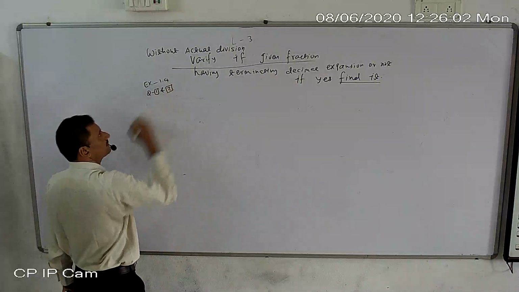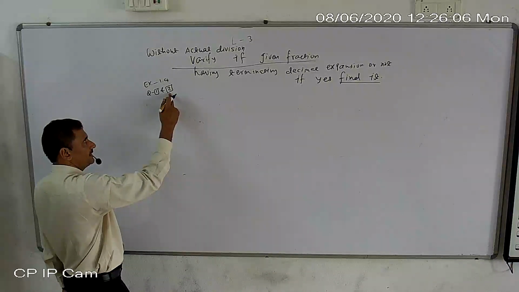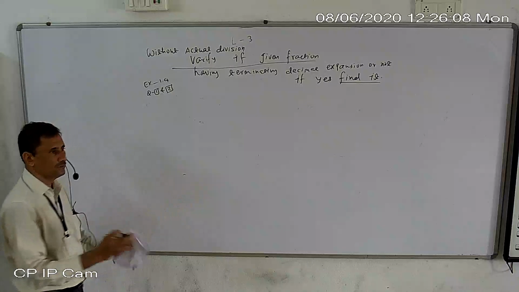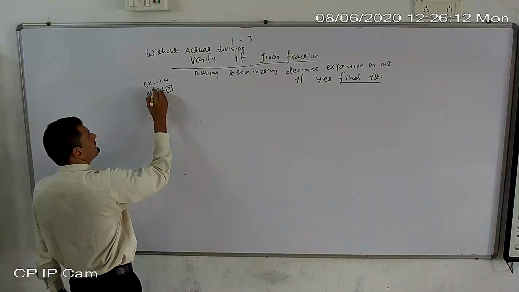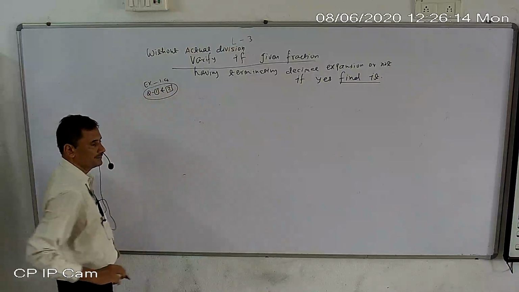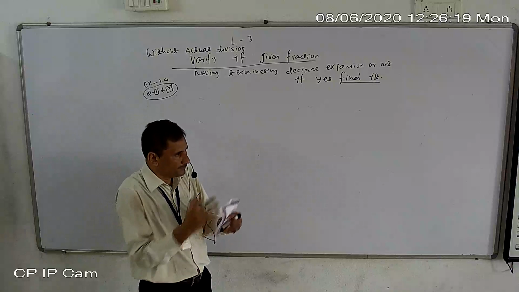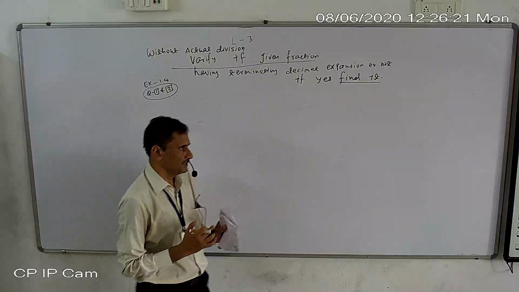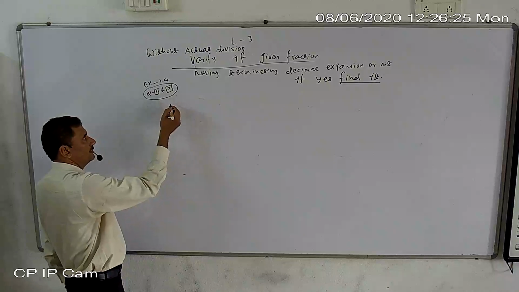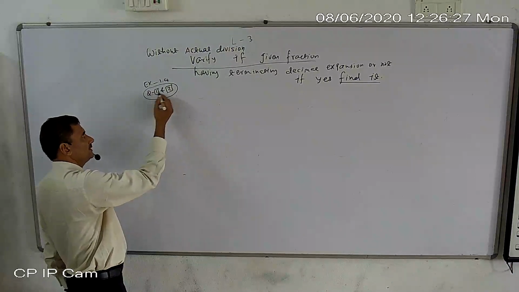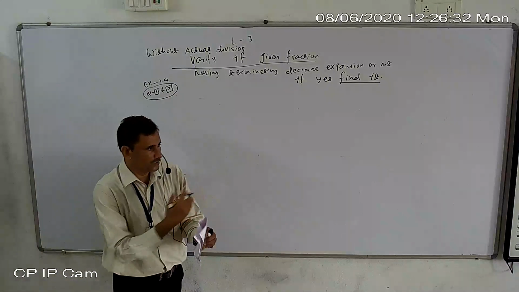In the second question they ask, if it has a terminating decimal expansion, then find it without actual division. So we will consider both as the same question only. We fuse both questions and make one question, so both questions are completed at a time.